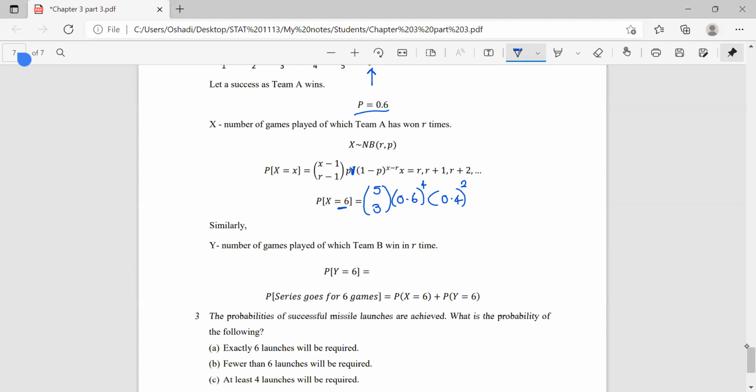So it is 5C3 again. But now the probability of team B winning is the success case we consider here. So p here is 0.4. 0.4 to the power 4 and 0.6 to the power 2.